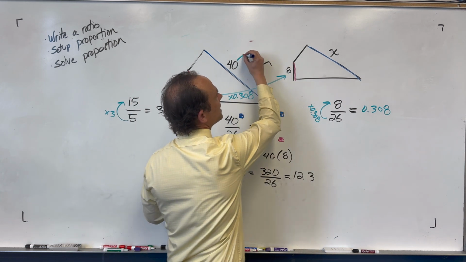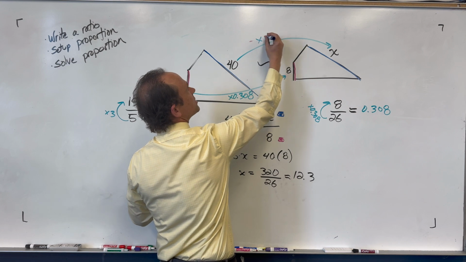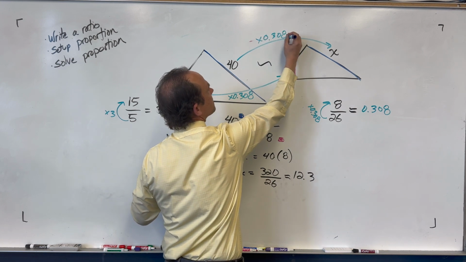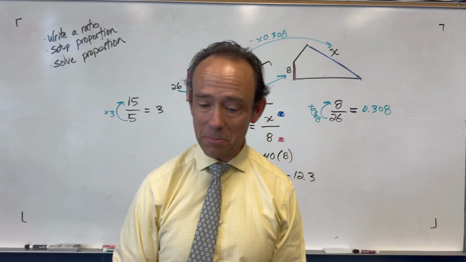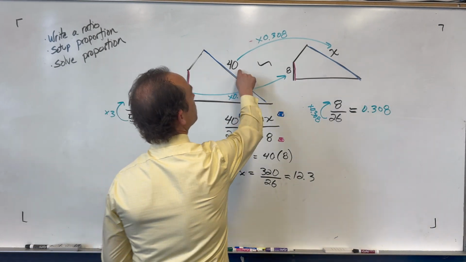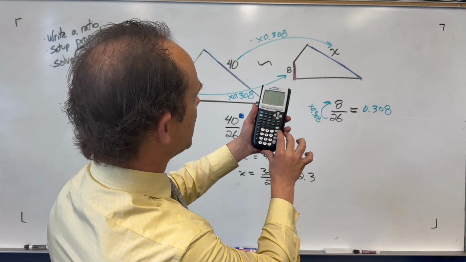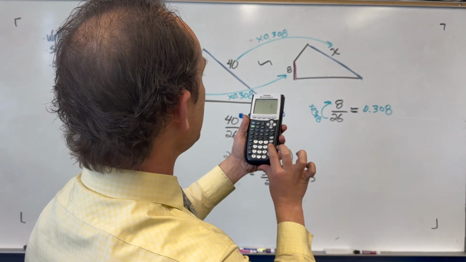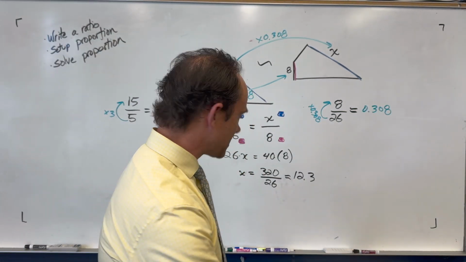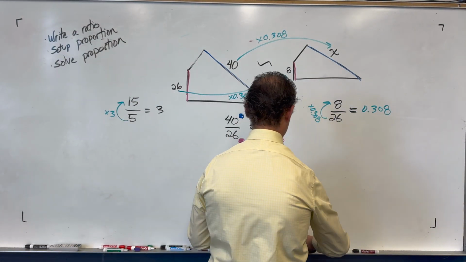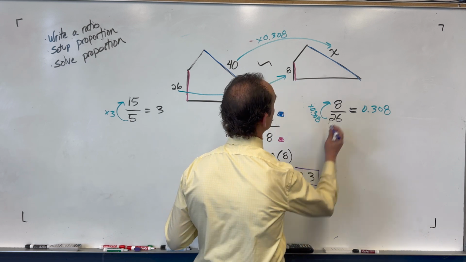Therefore, the other way to roll is just use scale factor. We're working with shapes, people. So you grab that calculator and you do 40 times 0.308, 12.32. It's the same answer. Beautiful.